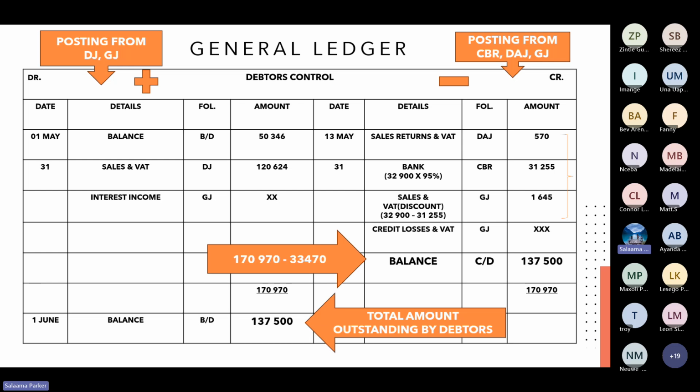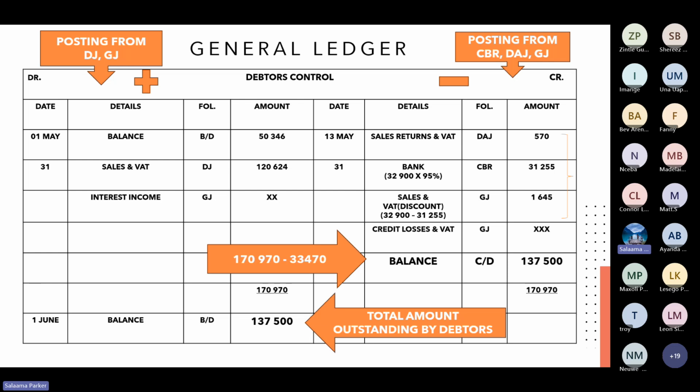So you need to understand what you are calculating in this account. You are calculating the total amount outstanding by the debtors. So you need to look at what impacts your debtors. You sold to your debtors, then they return goods, every month they are paying their accounts.